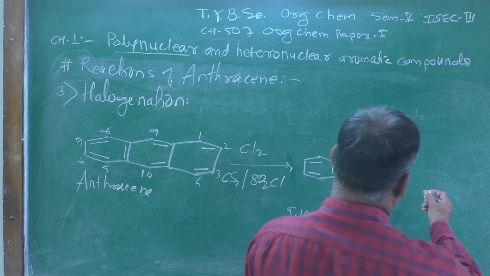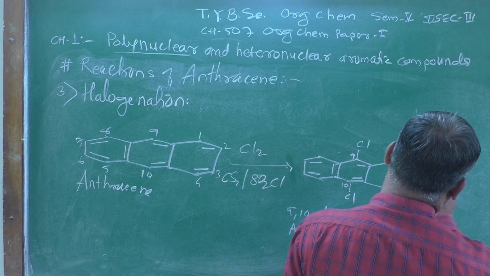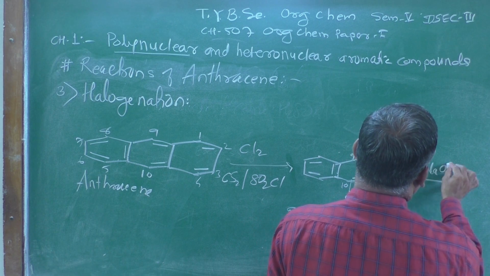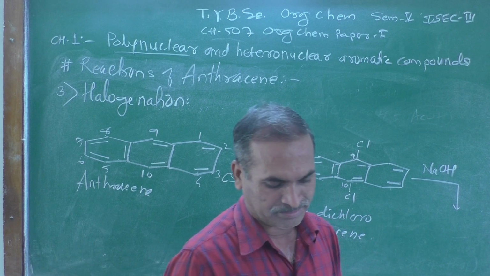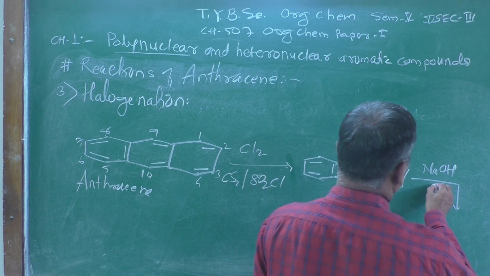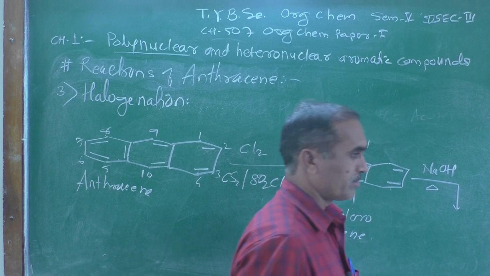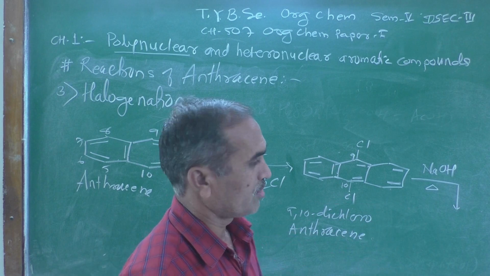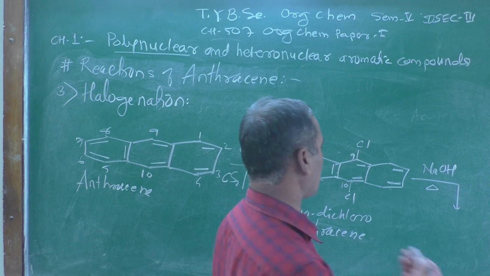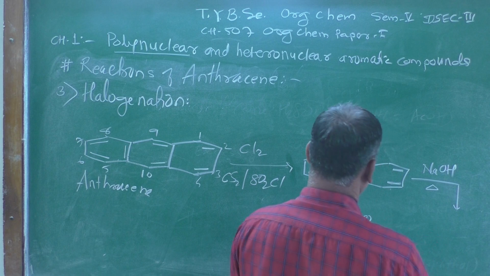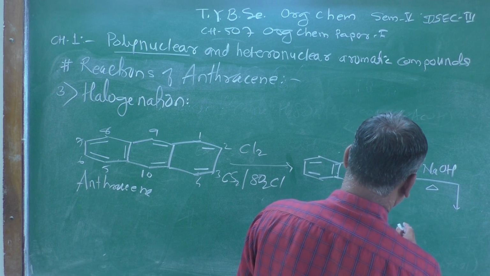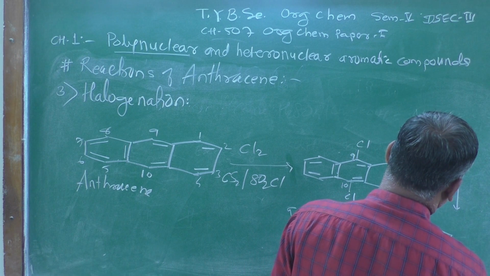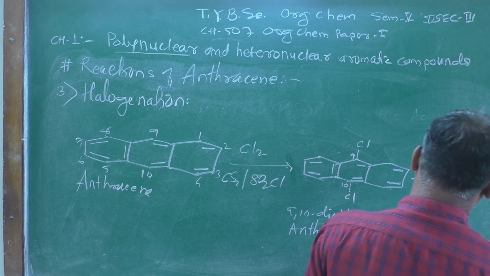Now, when it is treated with an alkali like NaOH, sodium hydroxide, and heated, one of the chlorine atoms is easily discarded and the product formed is this one.